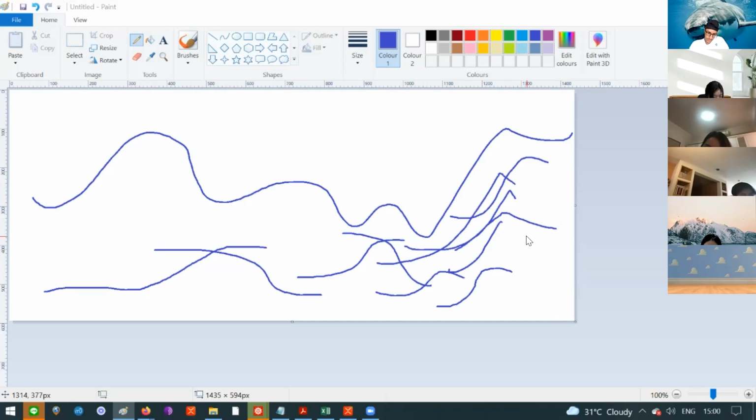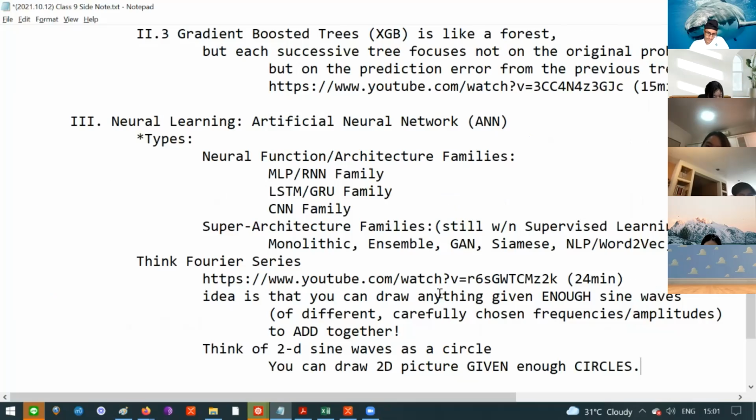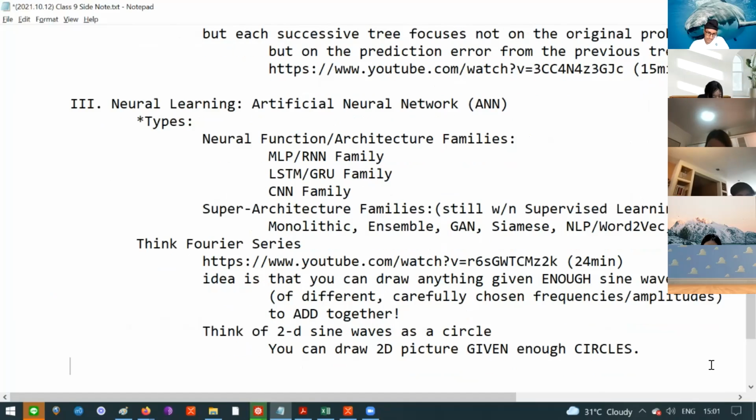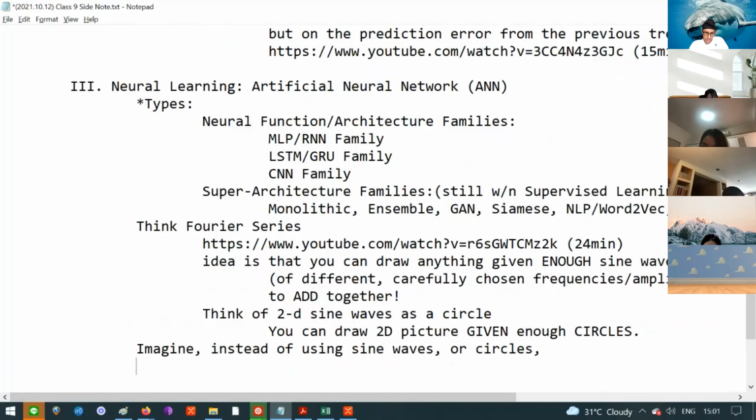The idea, so imagine instead of using sine wave or circle, use logistic sigmoid.